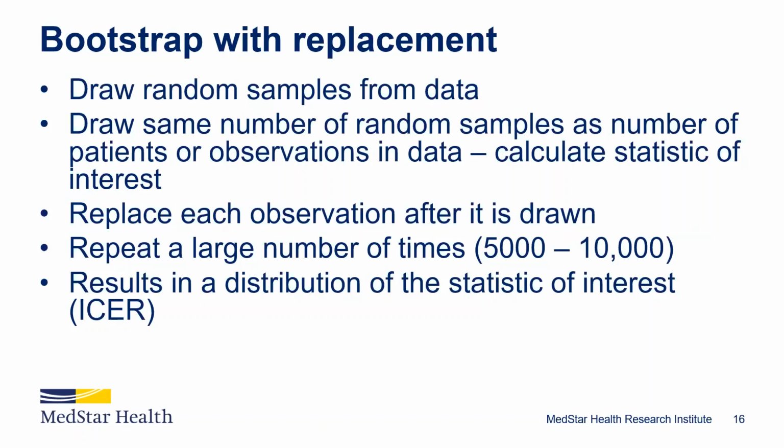resampling with replacement. That means that every time we draw a random sample from our data, it's going to be put back in for the next draw that we make.